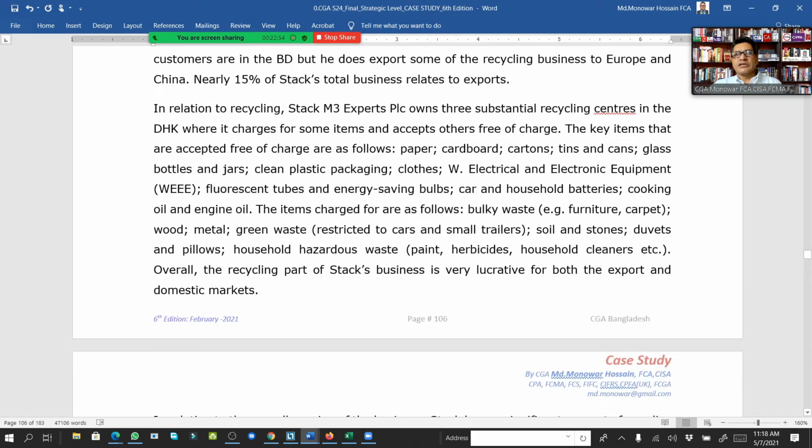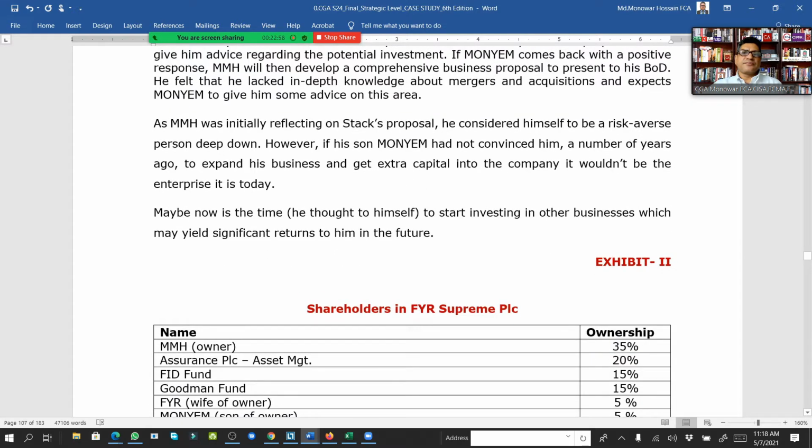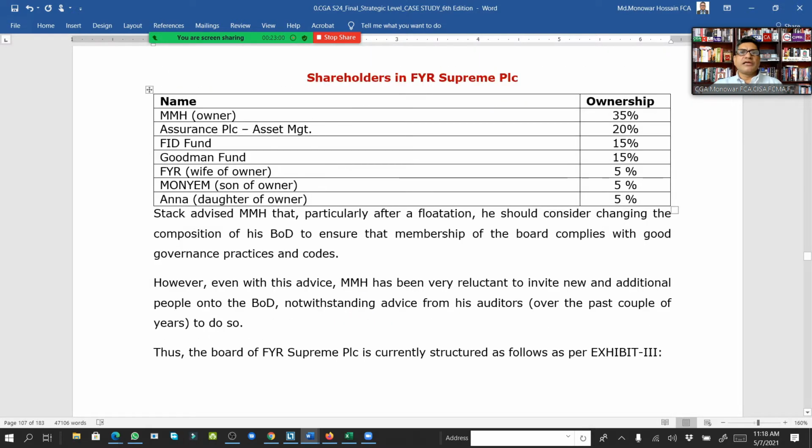We have to read it carefully. All is described here. Now the shareholding position of that company.